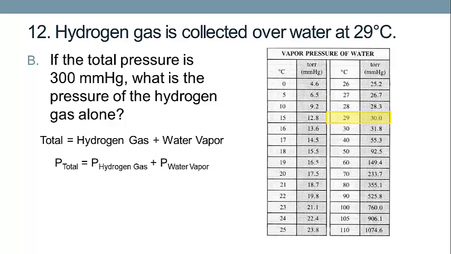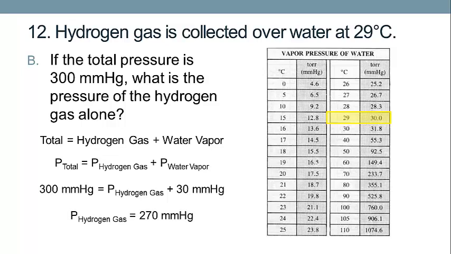If we look at our vapor pressure of water, at 29 degrees Celsius, the water is going to exert a pressure of 30 millimeters of mercury. In order to find the pressure of the hydrogen gas, I need to subtract. Of the 300 total, 30 are from water. So the other 270 millimeters of mercury are from just the hydrogen gas.